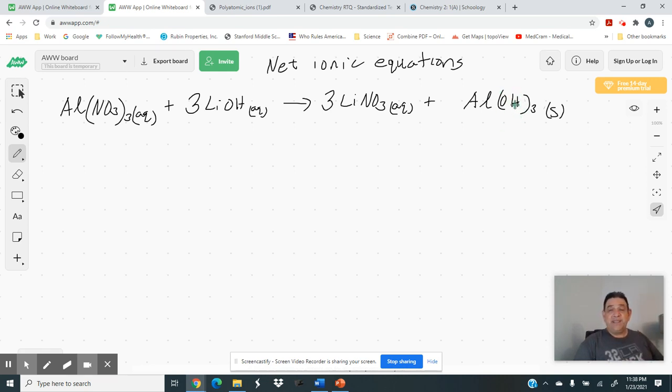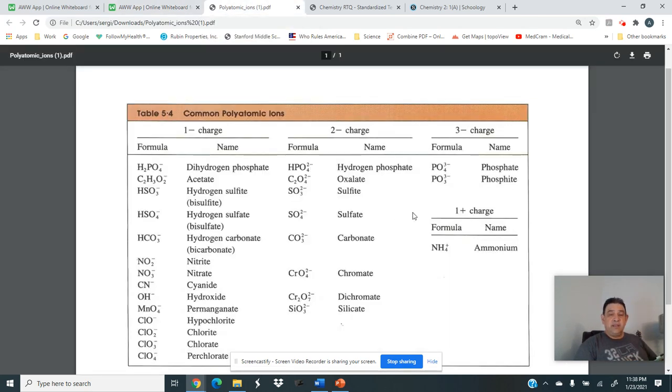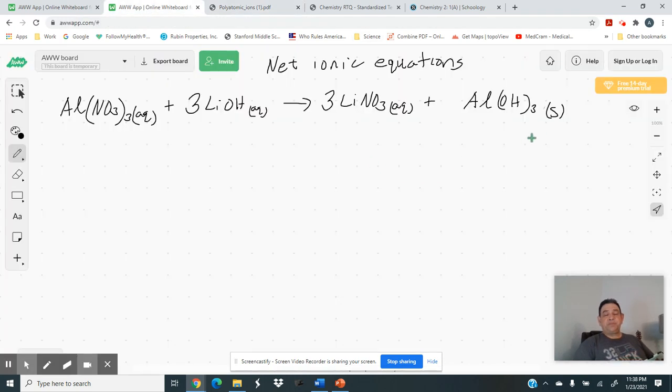It's hydroxide, OH, with 1 negative charge, over here on the table. And so now my equation is balanced.